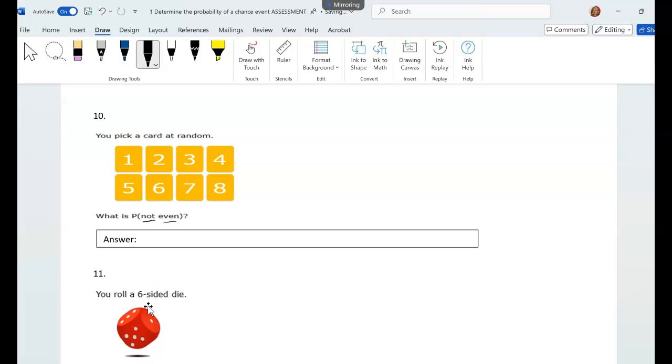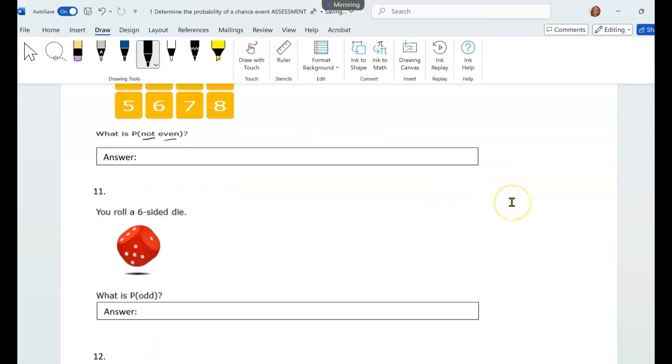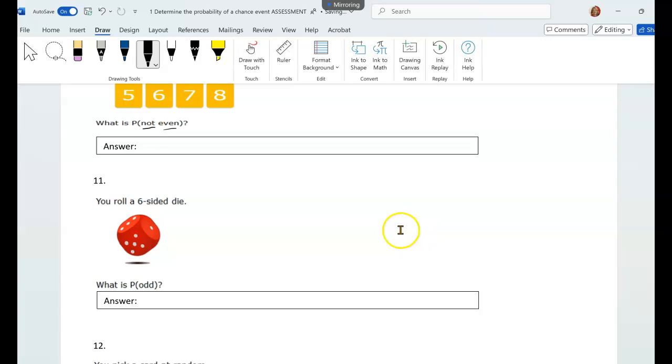All right, so not even numbers are 1, 3, 5, and 7. Write your answer as a fraction.